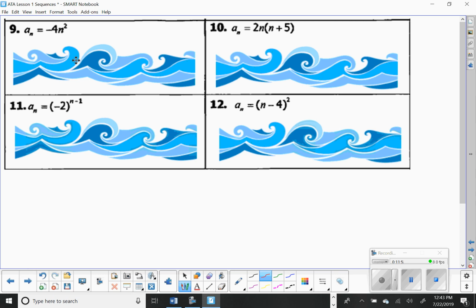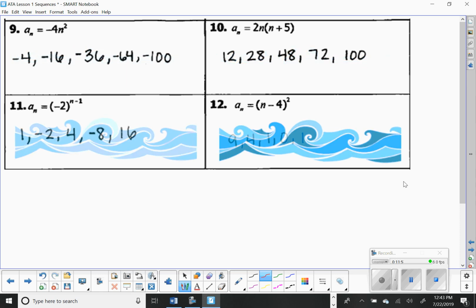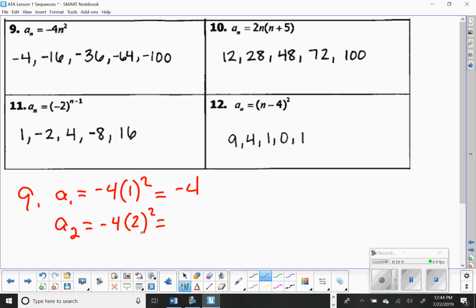You're back. There's 9, 10, 11, and 12. Remember that for each one of these, like for number 9, you're simply doing a sub 1 is equal to negative 4 times 1 squared is negative 4. A sub 2 is equal to negative 4 times 2 squared. That's negative 4 times 4 is negative 16, and so on.